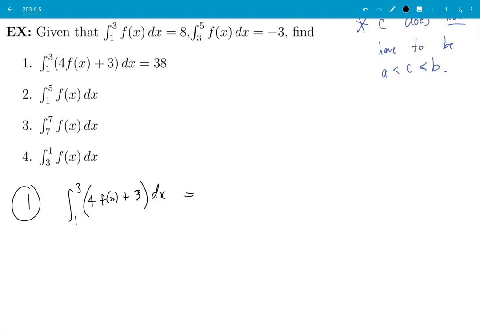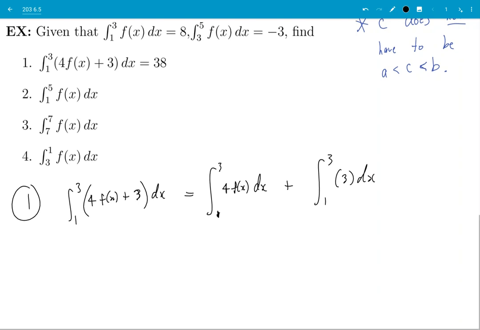So I'll use the properties. Properties say that you can, first of all, do a distribution, plus the integral from 1 to 3 of 3 dx. And then also the 4 can come out of the first integral.